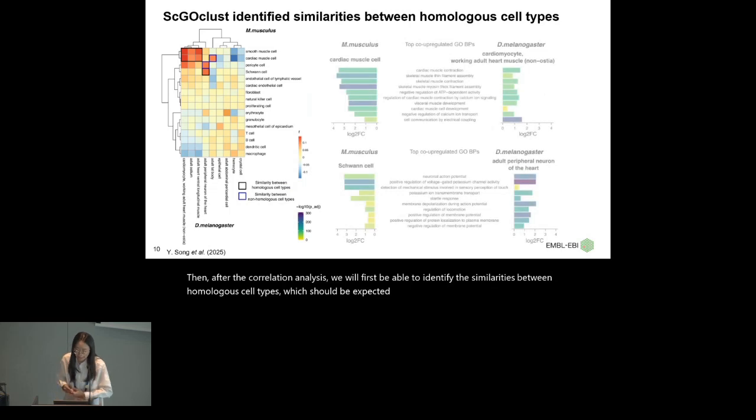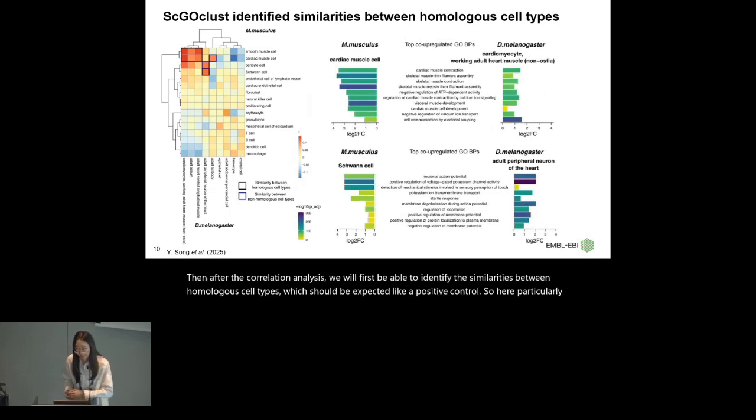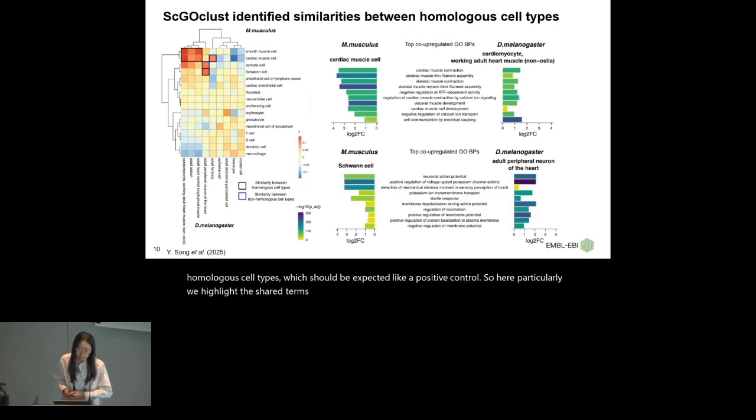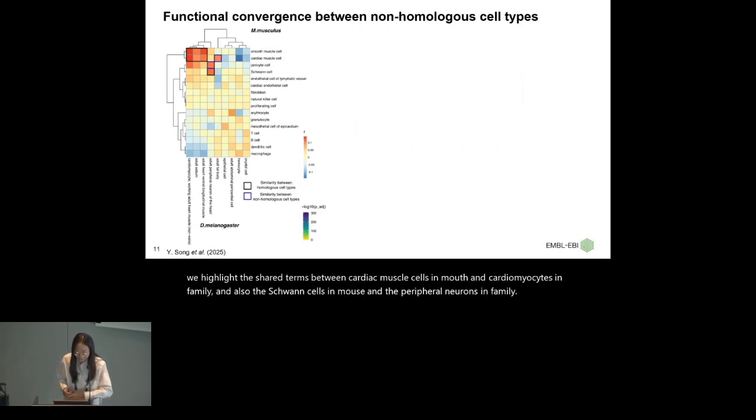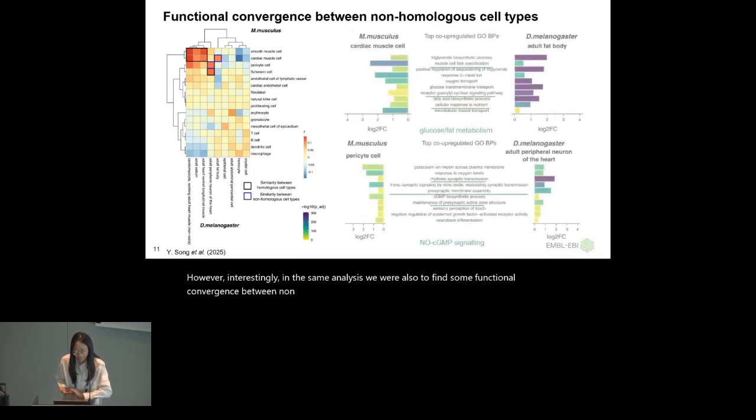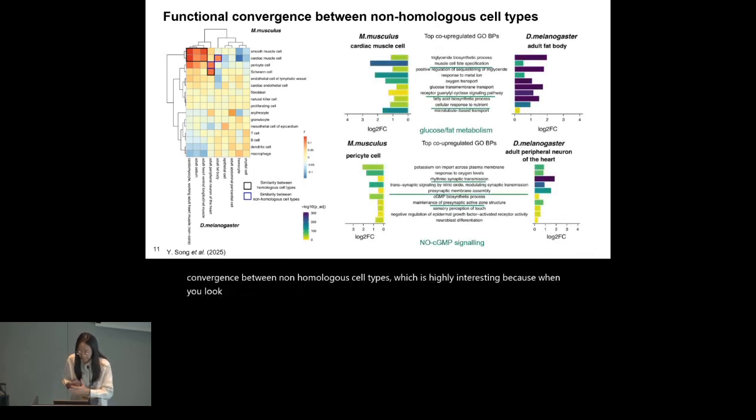So here, particularly, we highlight the shared terms between cardiac muscle cells in mouse and cardiomyocytes in fly, and also the Schwann cells in mouse and the peripheral neurons in fly. However, interestingly, in the same analysis, we were also able to find some functional convergence between non-homologous cell types, which is highly interesting because when you look at what kind of co-upregulated GO BP terms they share, it actually makes a lot of sense.